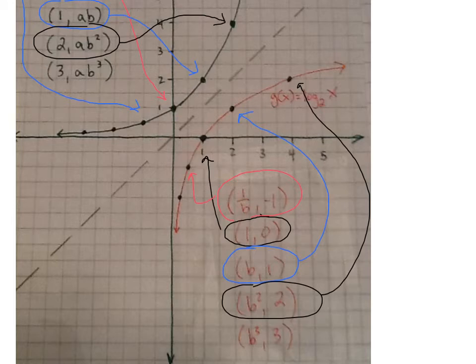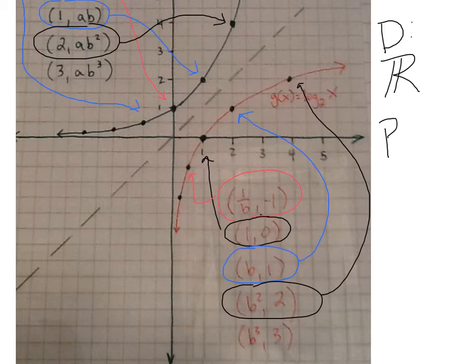So in the inverse of the exponential growth equation, we get a logarithm that does not cross the y-axis, and that has to do with the domain and range. If we take a look at the domain of an exponential function, the domain is going to be all real numbers.